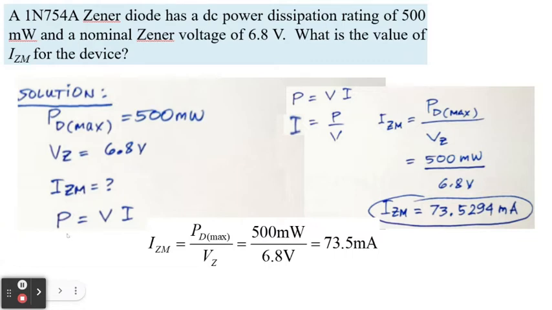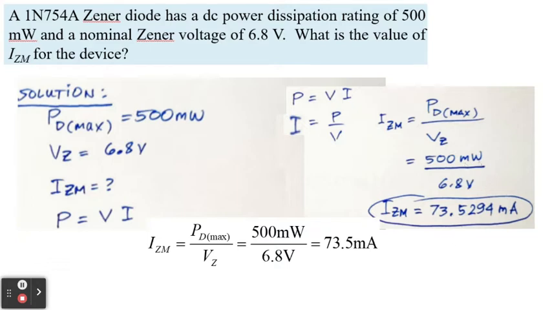We will use the formula power is equal to VI, and from P equals VI, we can get the formula I equals P over V. Therefore, the IZM or the IZ max will be equal to the PD max, or the maximum power dissipated by that Zener diode, divided by the Zener voltage. So PD max over VZ, we will have 500 milliwatts divided by 6.8 volts.